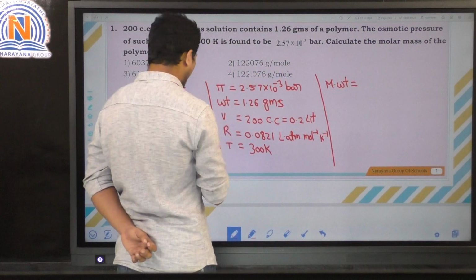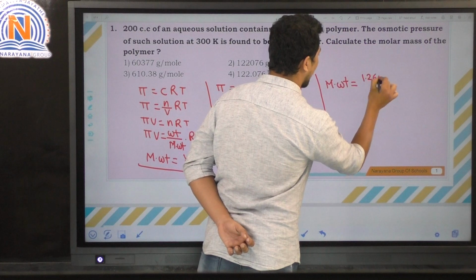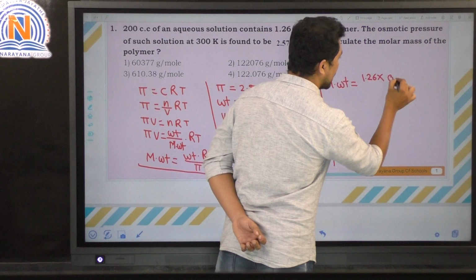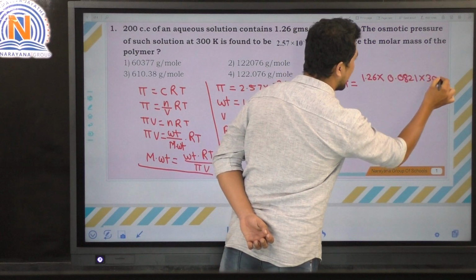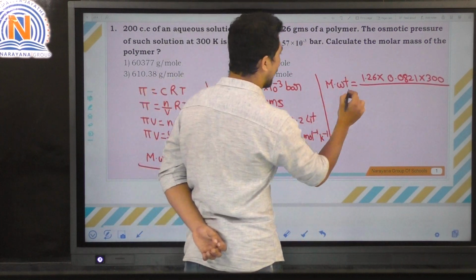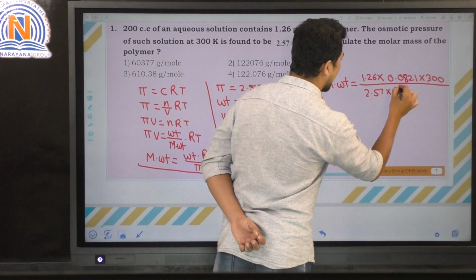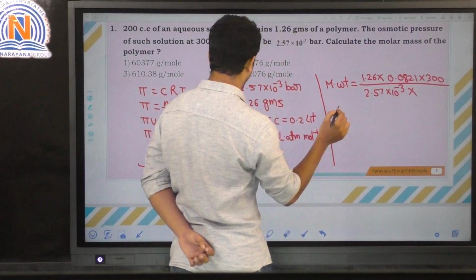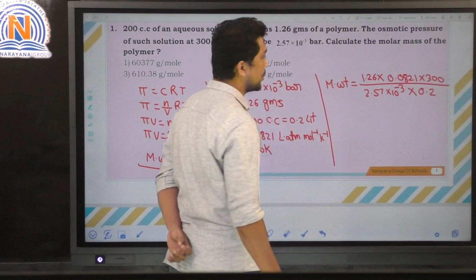So molar mass or molecular weight equal to weight, that is 1.26, into gas constant 0.0821, into temperature 300 Kelvin, by osmotic pressure 2.57 into 10 power minus 3 bar into volume, that is 0.2 liters.